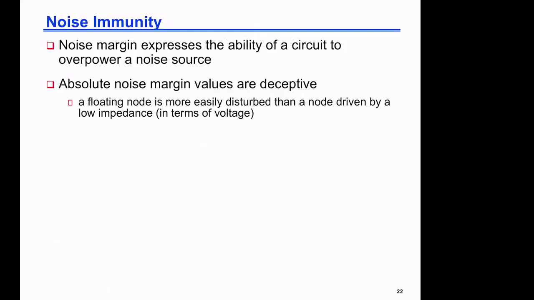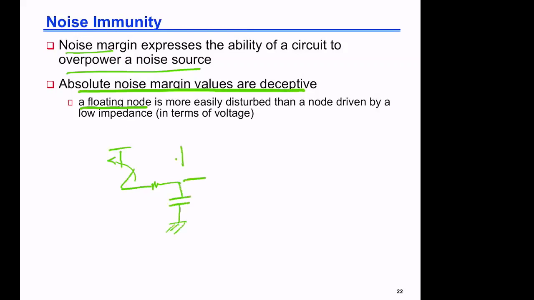Okay, so the noise margin expresses the ability of my circuit to overpower the noise, and the absolute noise margin sometimes can be deceptive. So this is why we need to take care of our circuit as is, because sometimes I might have a floating node. What do I mean by a floating node? This node is driven by a switch and a resistor to VDD.